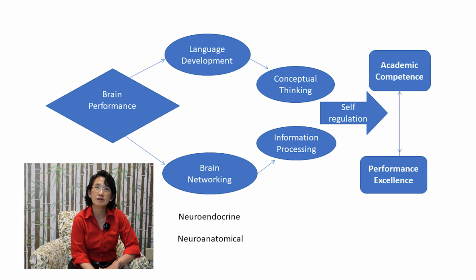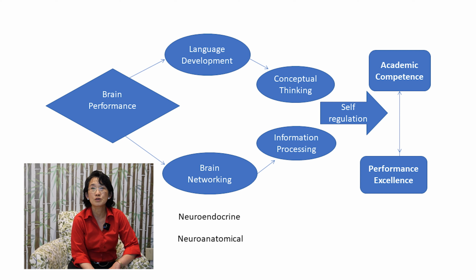And besides processing language, the brain is also involved in processing information of all sorts: math facts, facts about the world, and facts about how we do things.